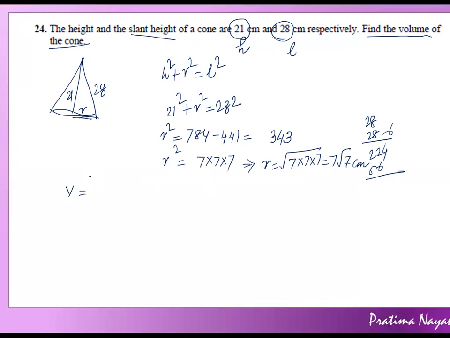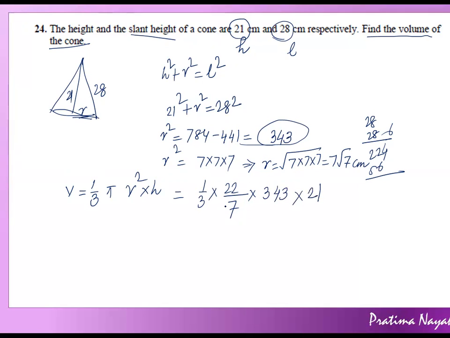Now coming to volume. What is the formula for volume? It will be 1 by 3 pi R square into H. So this will be 1 by 3 multiplied by 22 by 7. R square we have already found out. Directly I can put 343 into H, which is 21. So 7 times 3, 3 cancels.